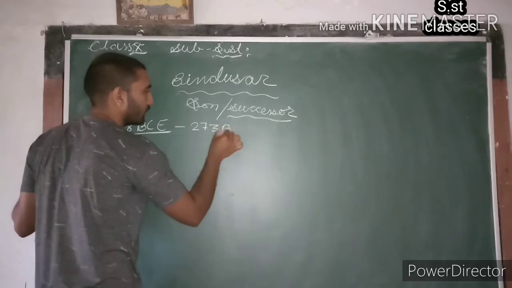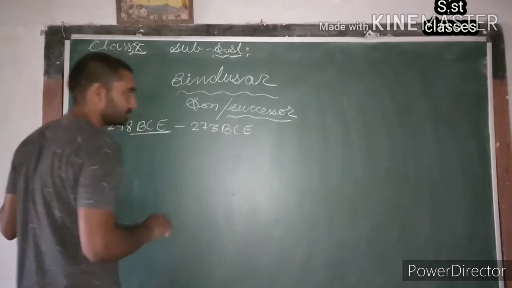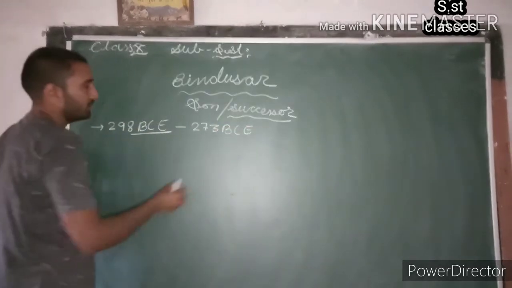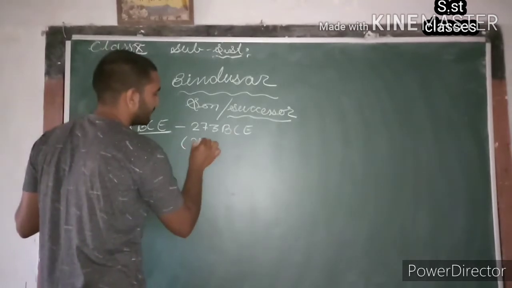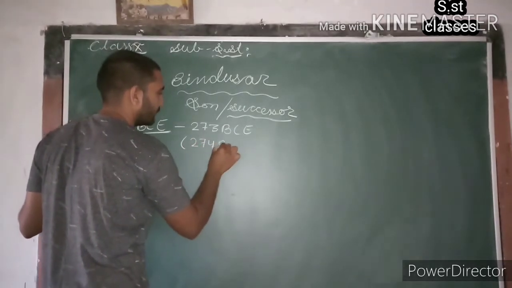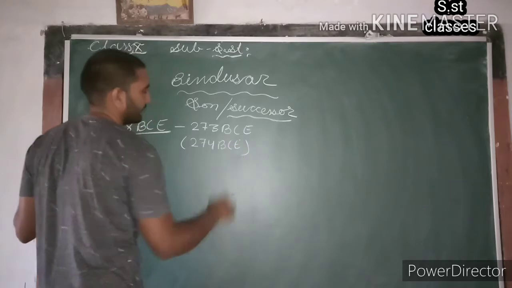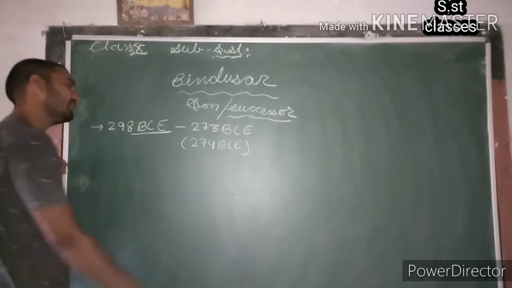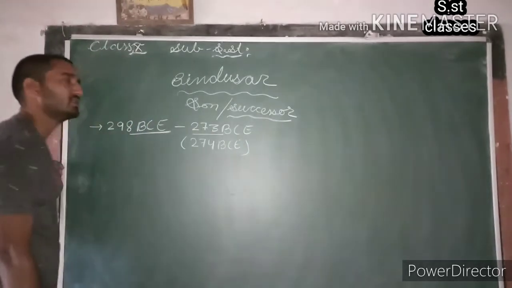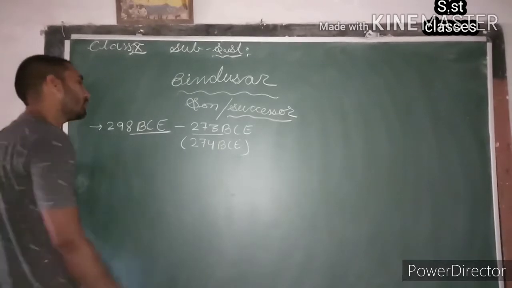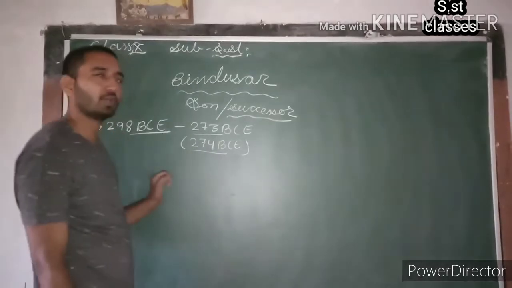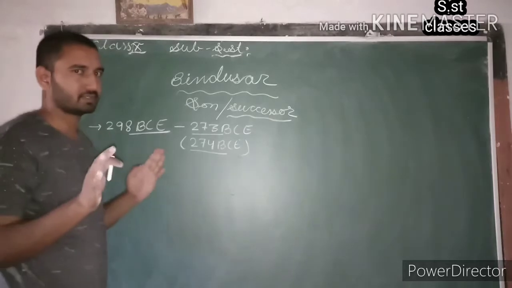And Bindusar ruled till 273 before Common Era. I would like to remind you one thing: in your book it is mentioned as 274 before Common Era. It does not mean that 273 before Common Era is wrong or 274 before Common Era is wrong. Both are right.